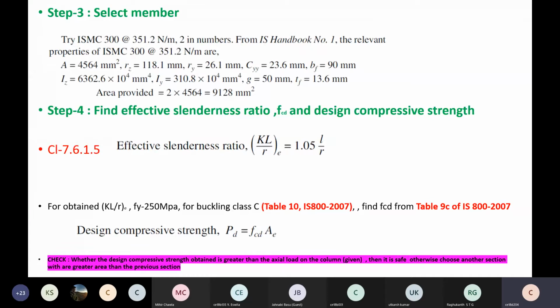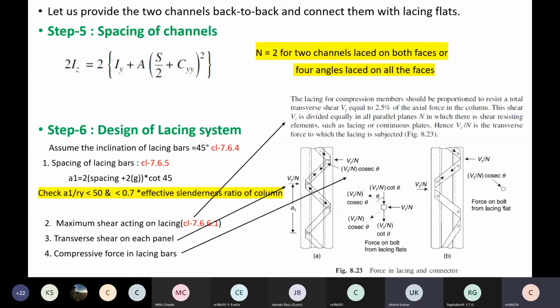Shall I show you the formula? Yes, ma'am. Okay. Once you have noted down all the details, calculate the spacing of channels using this formula. Just substitute and get S.